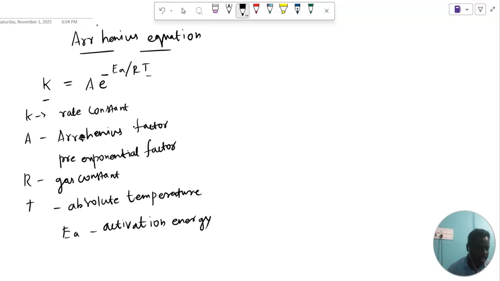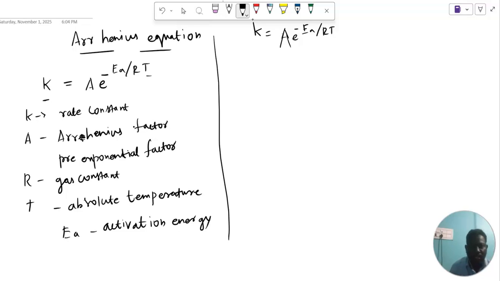We can derive the rate constant equation relating two different temperatures, T1 and T2, from the Arrhenius equation. We know the Arrhenius equation: k is equal to A e power minus Ea by RT.